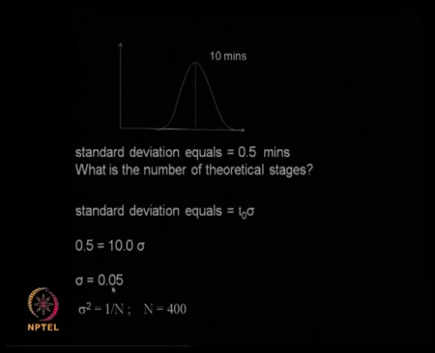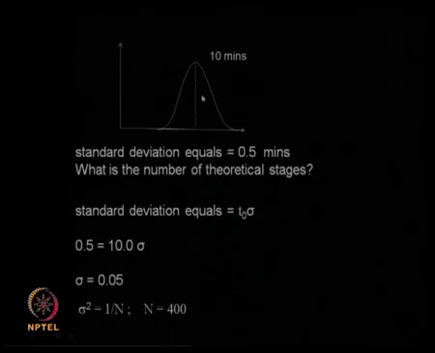So, you see, if your sigma is smaller, your number of theoretical plates is larger. If sigma has to be smaller, then your standard deviation also has to be smaller. That means, if the curve is very broad, your theoretical plates are very small. If the curve is very sharp, your standard deviation is low, then sigma is low, then the number of theoretical plates will be large.